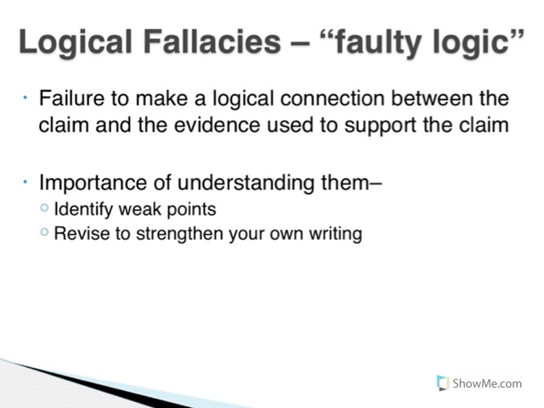Just so that everybody is clear, when you have that breakdown or weakness in an argument or evidence, that's called a fallacy, usually a logical fallacy, and that's faulty logic, where there's a failure to make a logical connection between the claim and the evidence. It's like claim is parallel to evidence, and there's something that's just not working out very well.